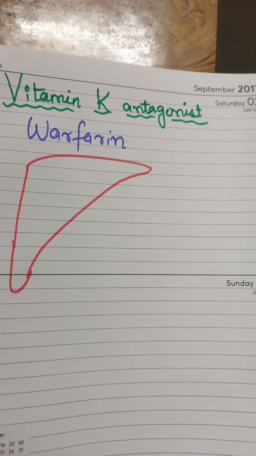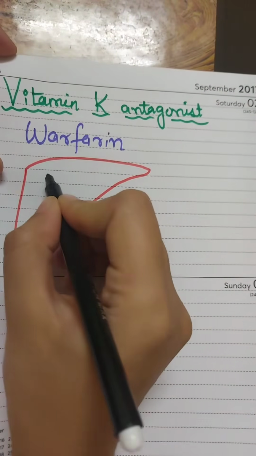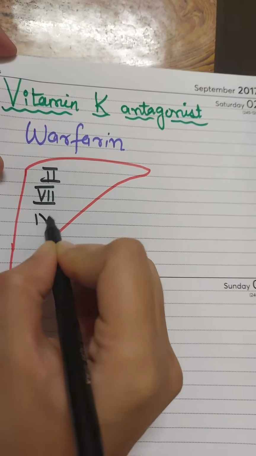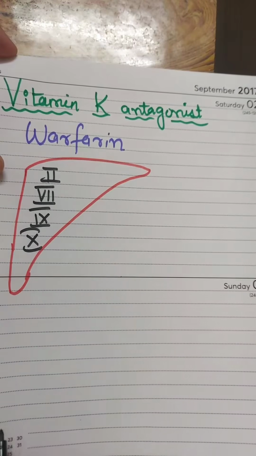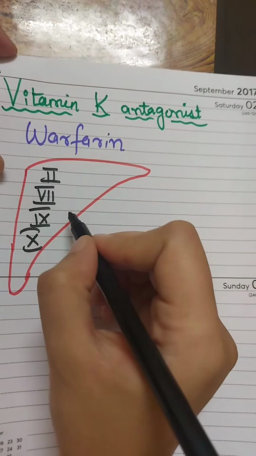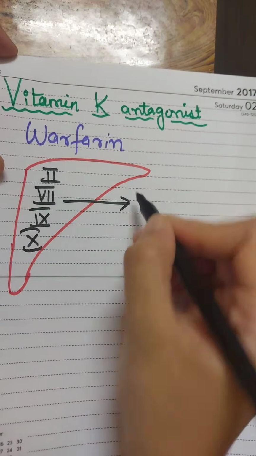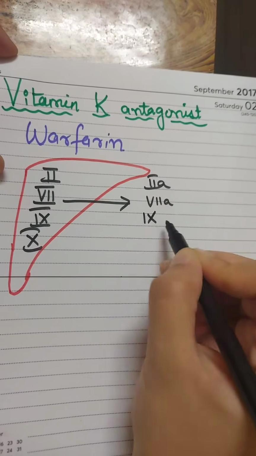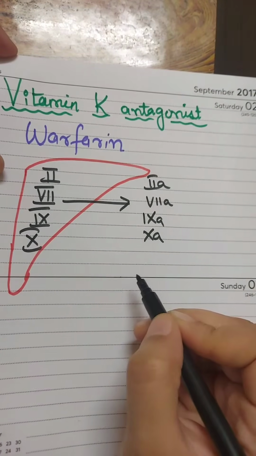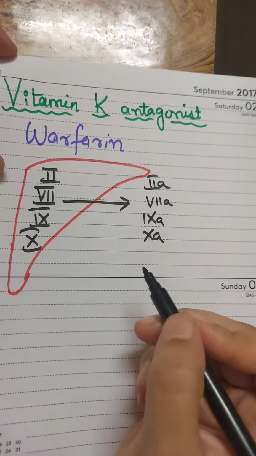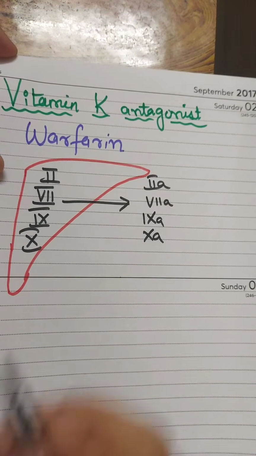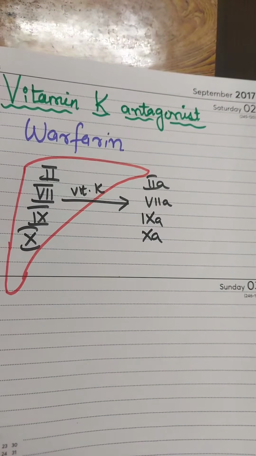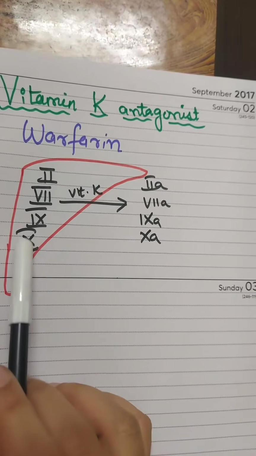Among those 13, I will be writing 4 clotting factors: factor 2, factor 7, factor 9, and factor 10. We need to activate these factors, and for activating them we require an activator, and that activator is nothing but vitamin K.